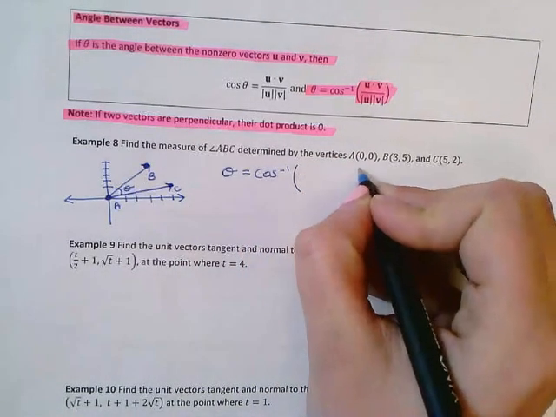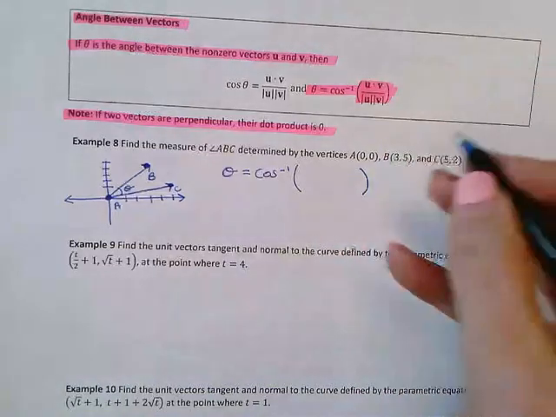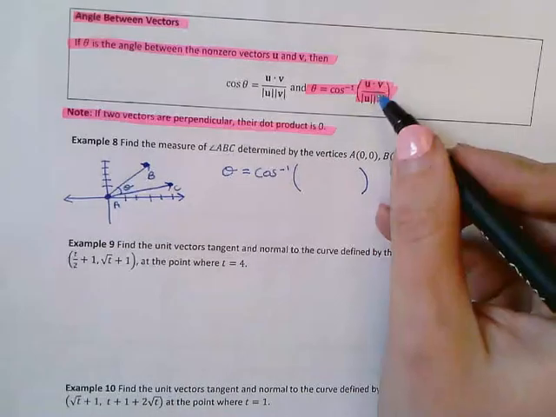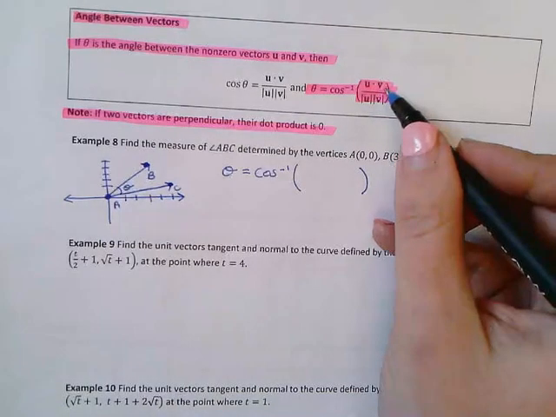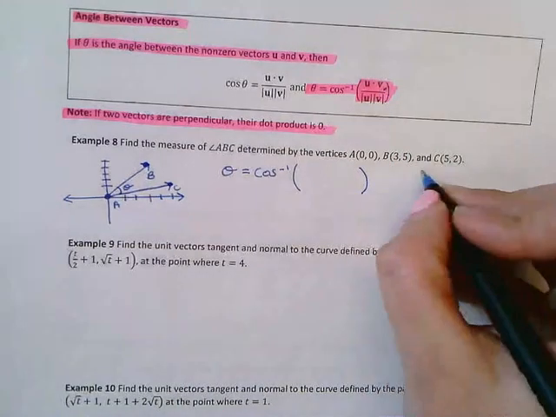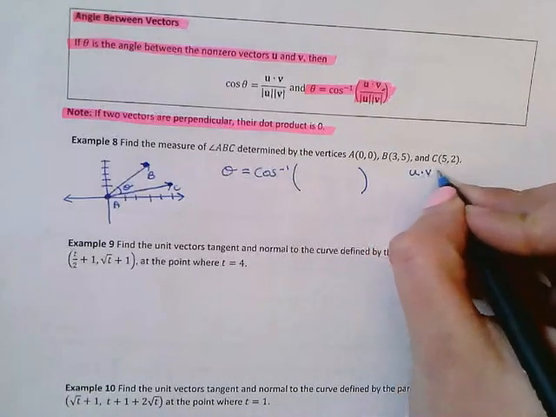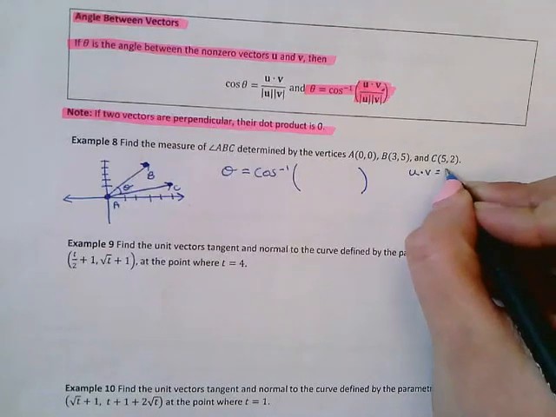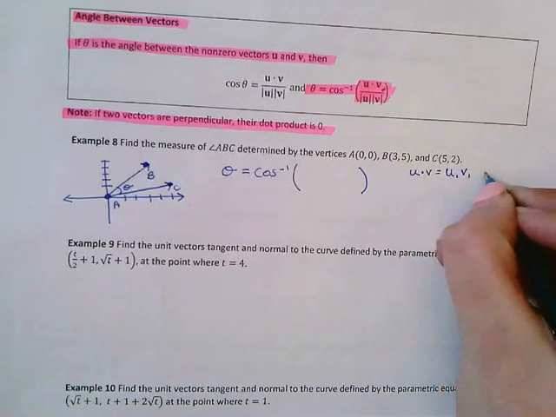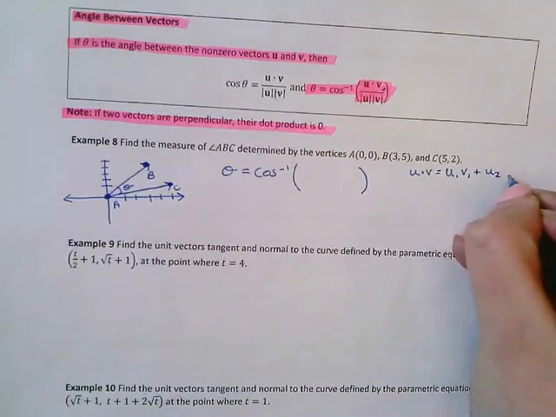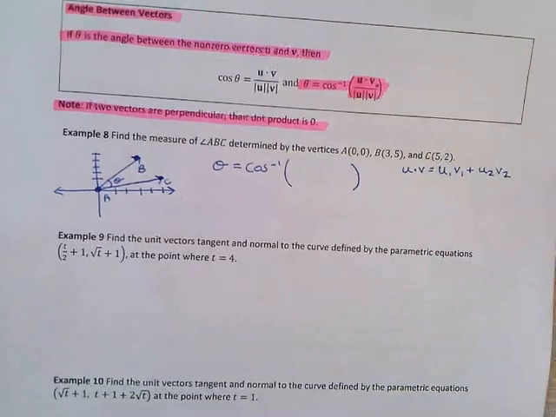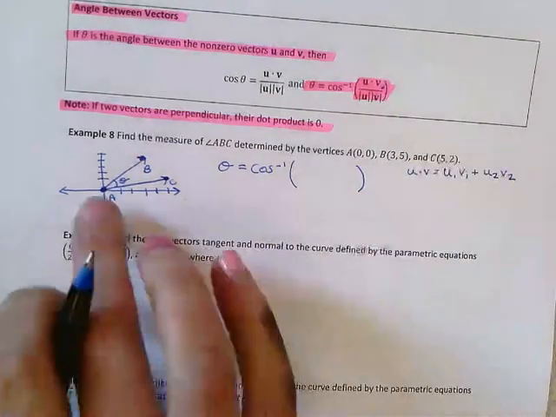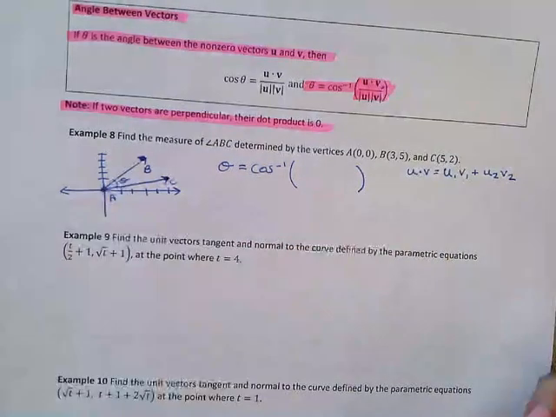In order for us to plug in those numbers, we obviously need to figure out a couple of things about this problem. Now, to get u dot v, we need to do u1 times v1 plus u2 times v2 based on the formula. That's the dot product. And here our two vectors are obviously AC and AB.